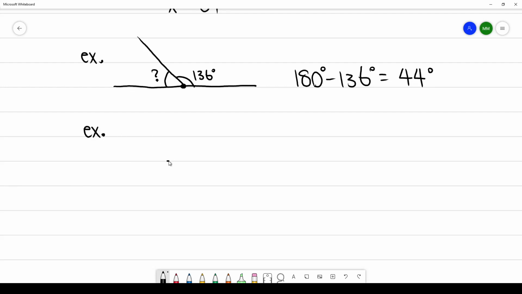So let's look at something different maybe? So this here is, let's say 120. So what is this big angle over here?